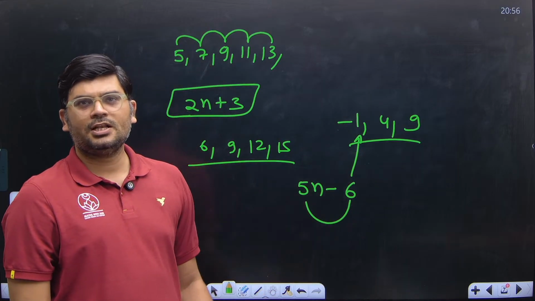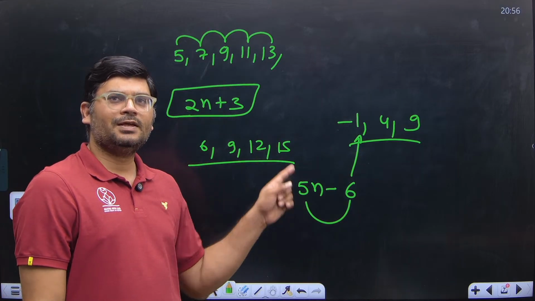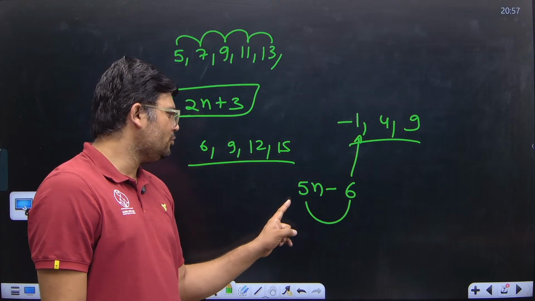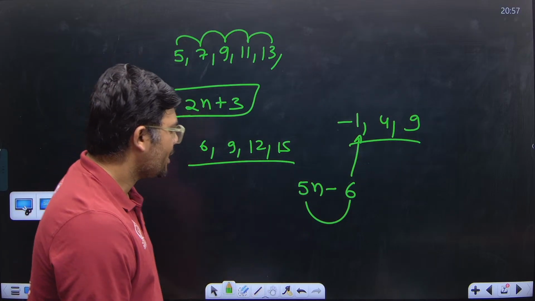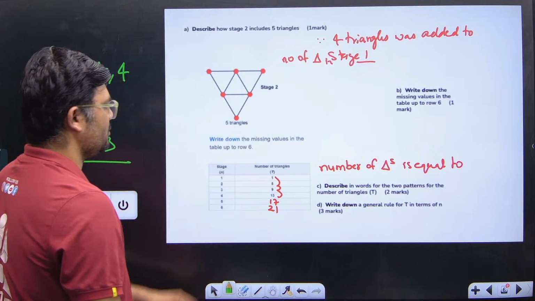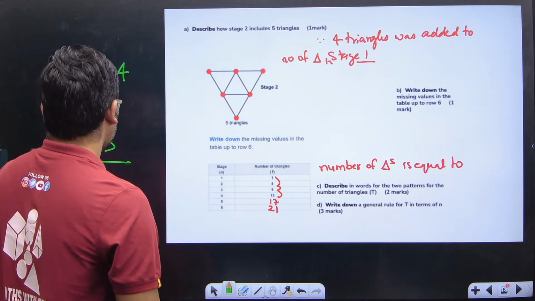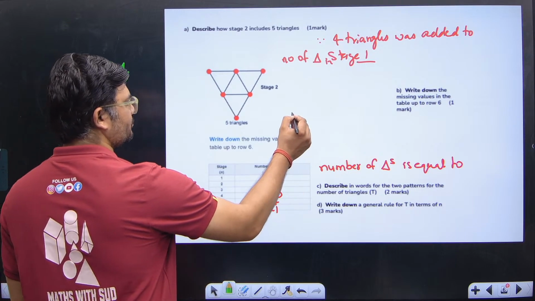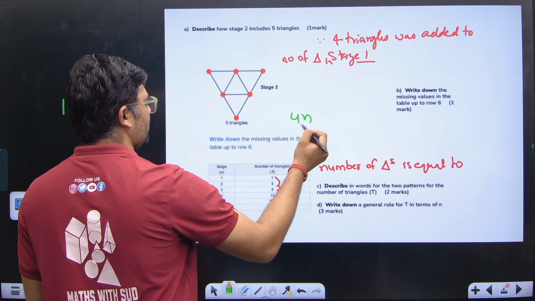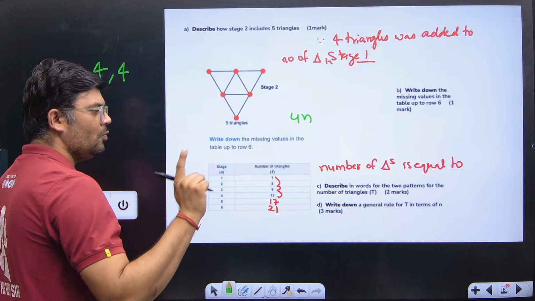So this is easy now. You can verify as well. Immediately put the value 3. So 5 into 3, 15 minus 6 is 9. So it is happening. So can you tell me what will be the equation for this? What is the common difference? 4. So 4n. What is the first value? 1.